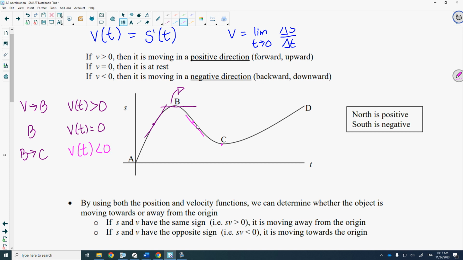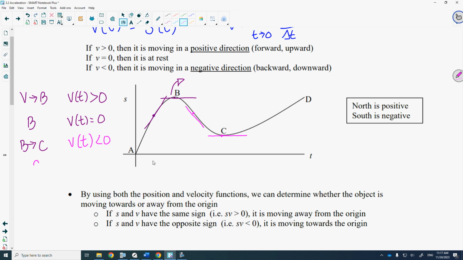At c, it's changing direction. Velocity is equal to 0. And then on the interval from c to d, what's happening here is the velocity is greater than 0, because all of the slopes from the interval c to d would be greater than 0.